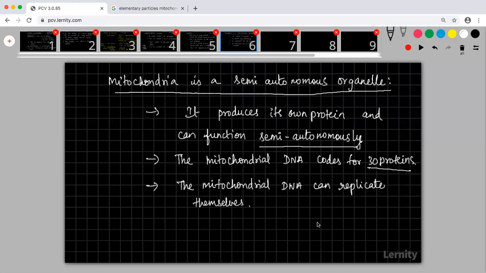Okay, so these are all making mitochondria a semi-autonomous organelle.